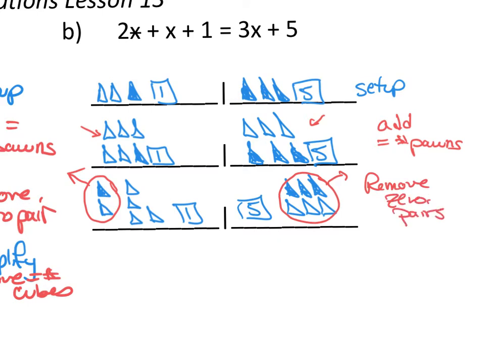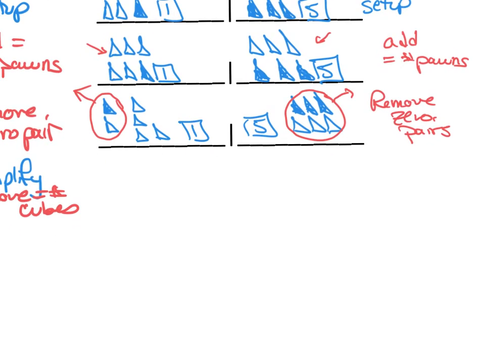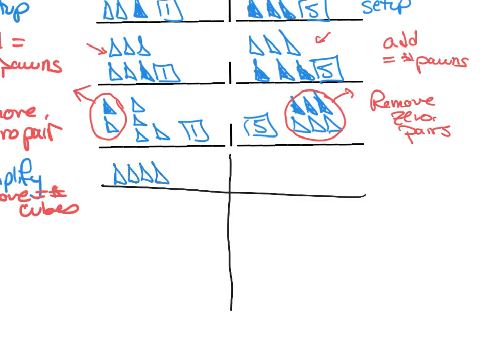When we do that, that then gives us a nice reduced on the left, 1, 2, 3, 4 white pawns and a 1, and on the right a 5.